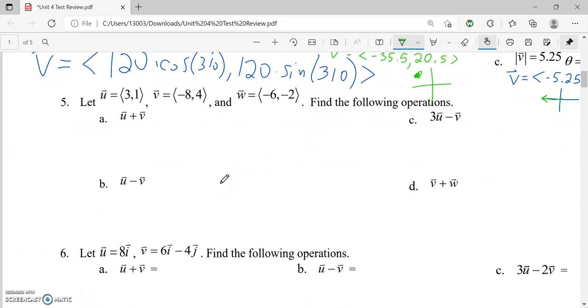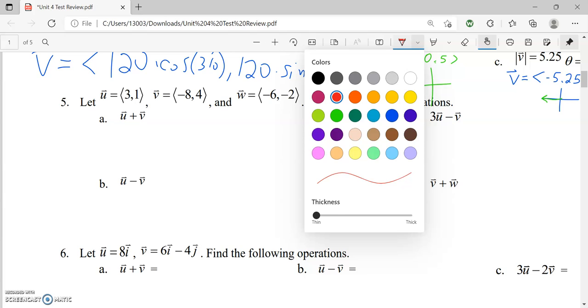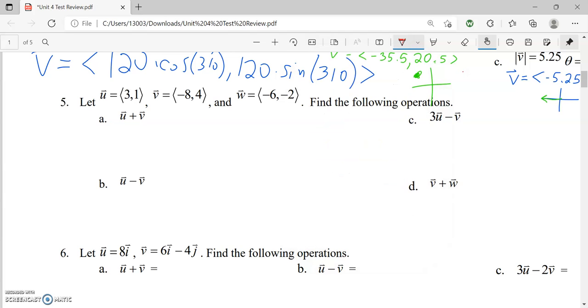So now we're going to move on and see if we can get question 5 knocked out. Change the color again. Over here, they're giving us the component forms of vectors u, v, and w. Question A just says add u and v. So we're going to say u plus v means we take the x component of u plus the x component of v, and we'll get an answer.